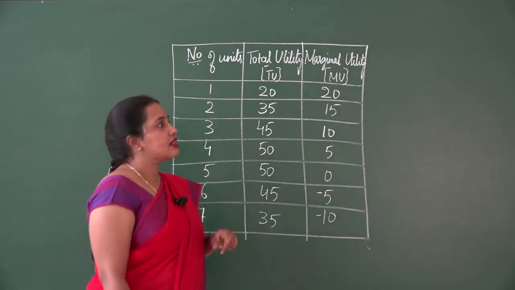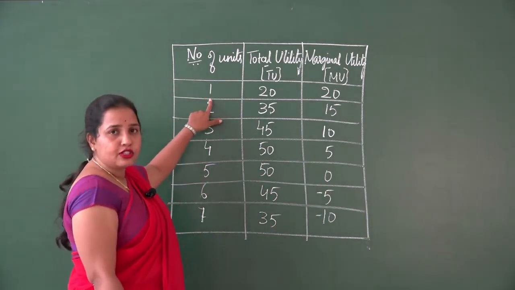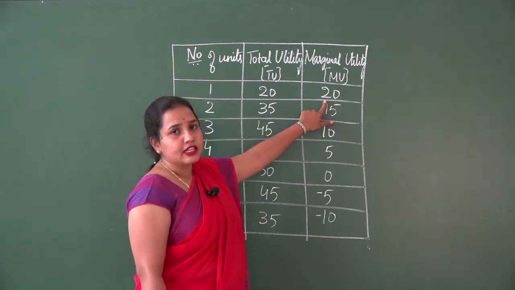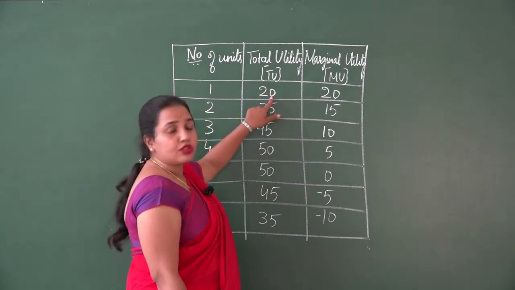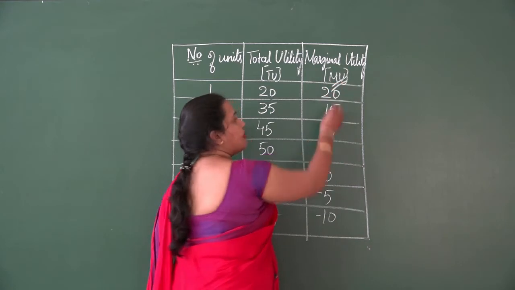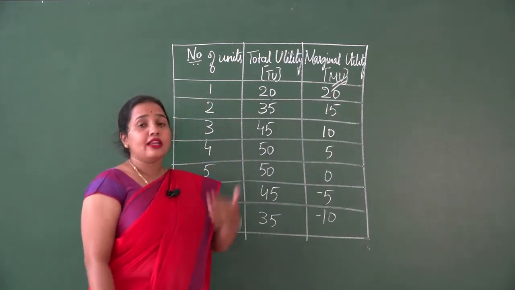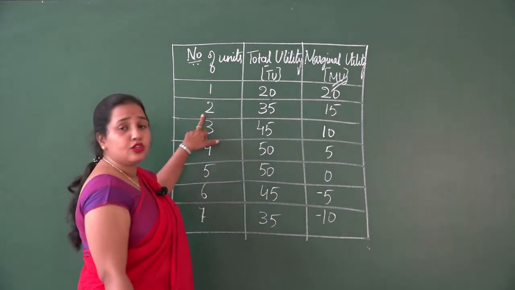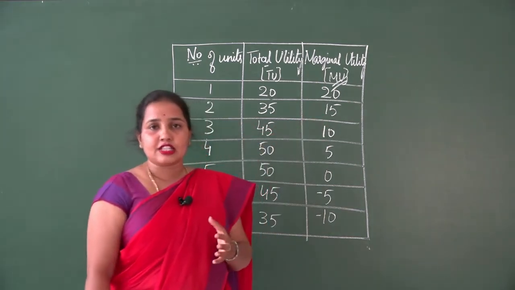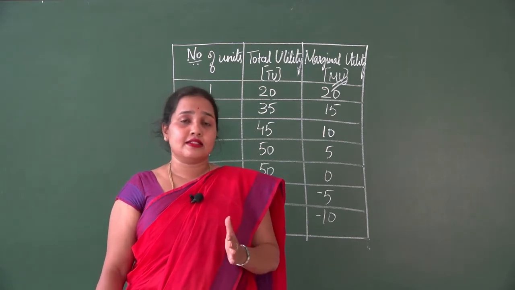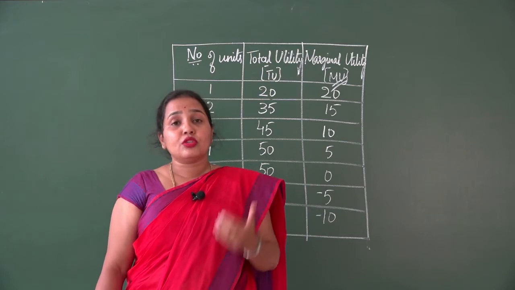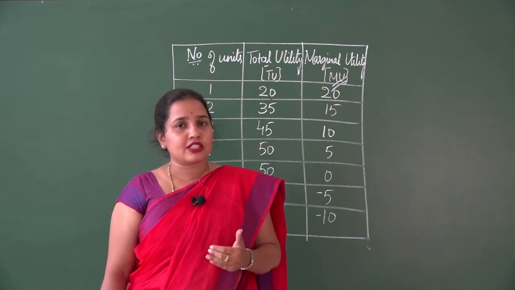When a consumer consumes the first unit of the commodity, the marginal utility that he derives is 20. Therefore, the total utility is also 20. Now let us consider marginal utility. When he consumes the second unit of the commodity, the level of satisfaction declines.